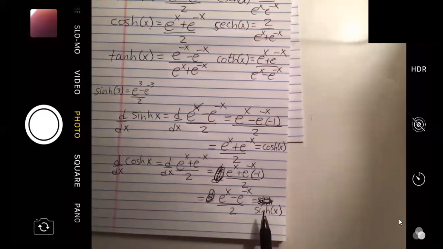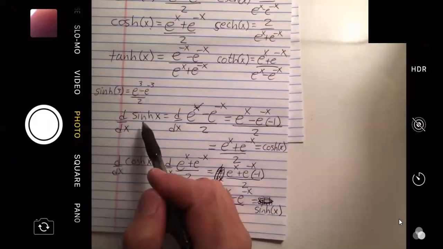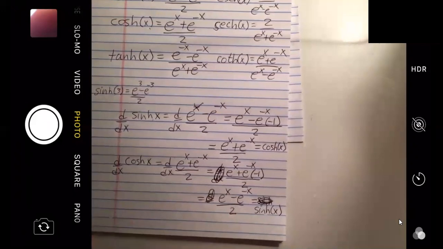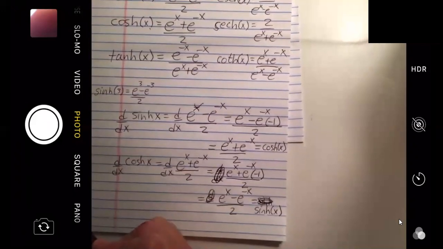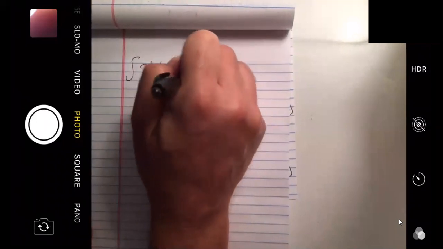Okay, that makes sense. This means that they roll over on each other when you do derivatives. Derivative of sinh is a cosh, derivative of cosh is a sinh. And also when you do the antiderivatives, they roll over on each other, but of course you add a plus c. So in other words, integral of a sinh is directly a cosh. But don't forget your plus c, because you're always off by a number.